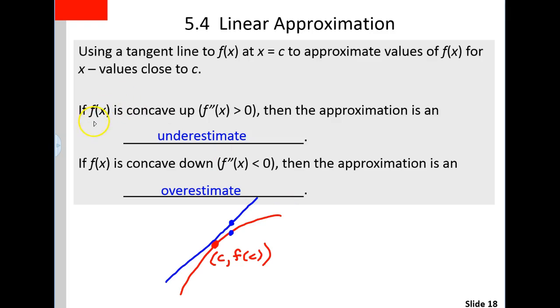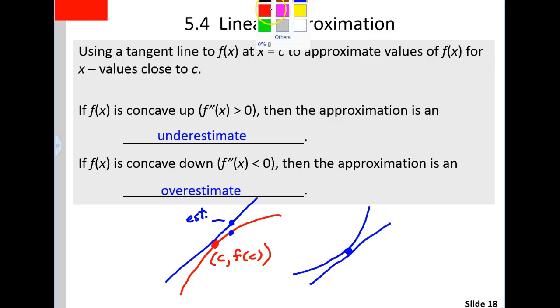And so if f of x is concave down here, then our estimate would be an overestimate because that point is greater than the point on the actual curve. On the flip side, if we have a curve that is concave up, then the tangent line would be an underestimate. So for instance, the tangent line is here.